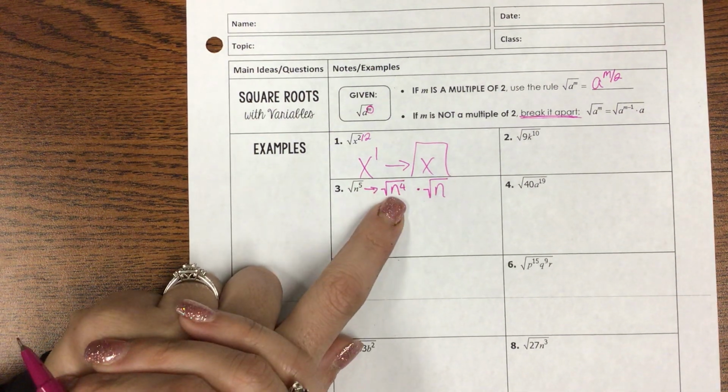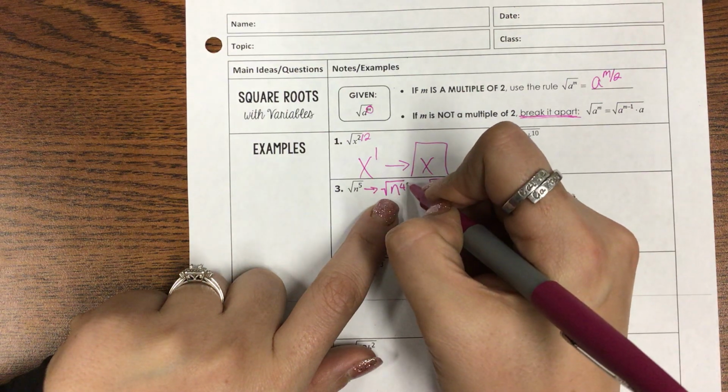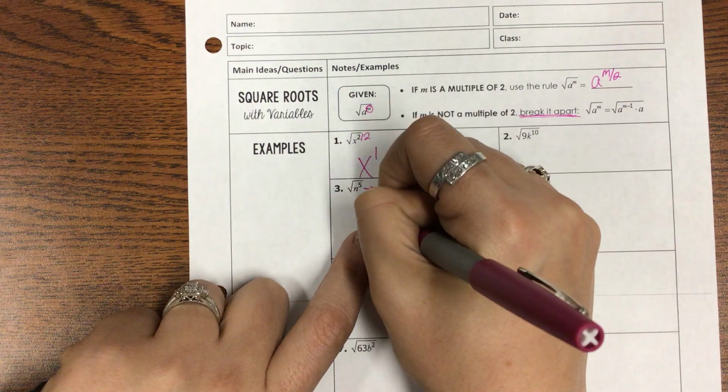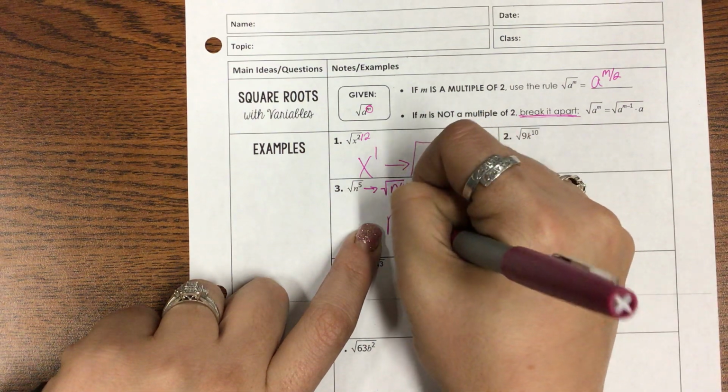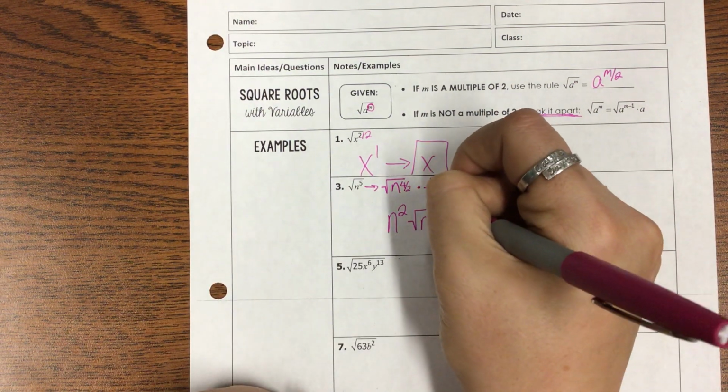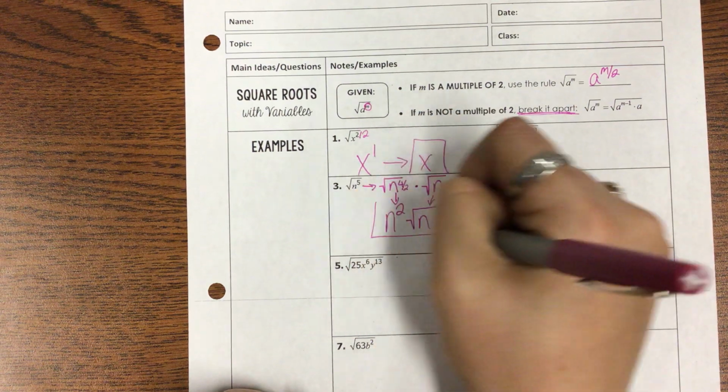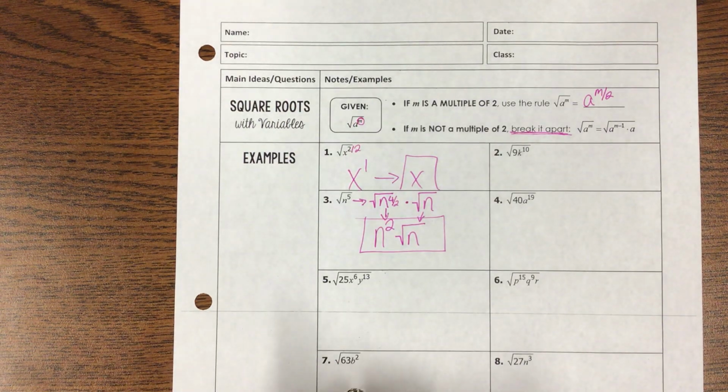And the reason we do this is because now 4 I know is divisible by 2. So I could say n squared times the square root of n, because that square root of n is not going to break down. And that's my answer.